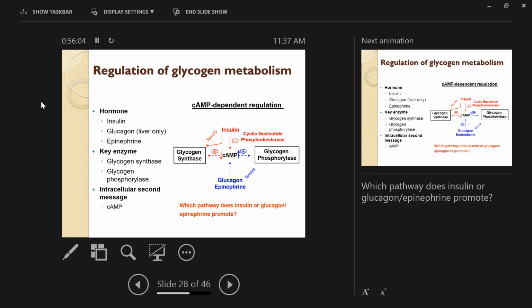Again, cyclic AMP levels increase under the fasting condition by glucagon and epinephrine, and that usually promotes glycogen breakdown. So glycogen phosphorylase is activated during fasting by the increased cyclic AMP level.